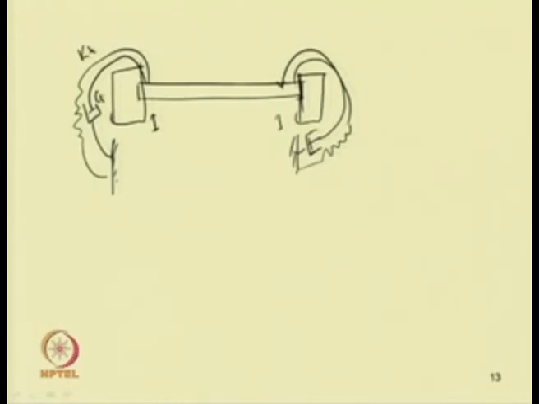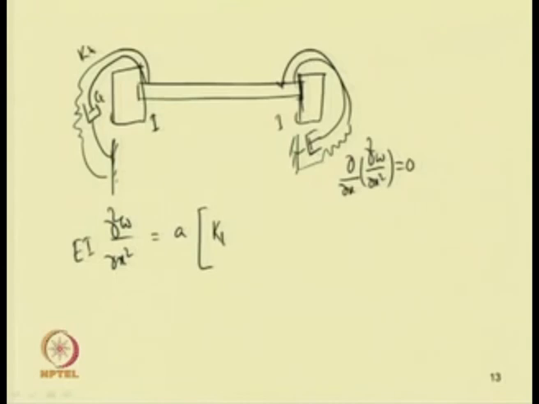In this case, the shear force will be equal to 0, that means ∂/∂x of (∂²W/∂x²) will be equal to 0, but the bending moment, EI ∂²W/∂x², will be equal to A into (K_T ∂W/∂x plus C_T ∂²W/∂x∂t plus I_0 ∂³W/∂x∂t²).